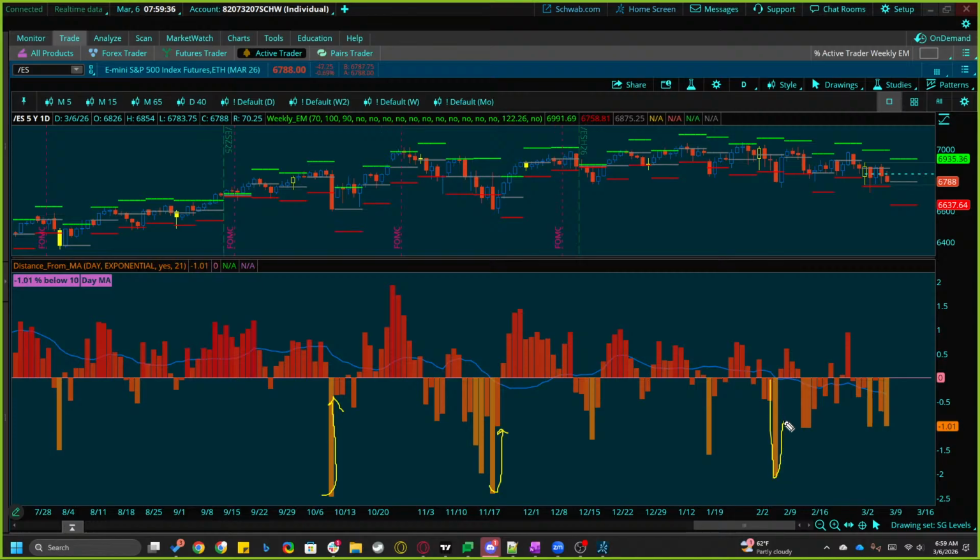So, that mean reversion that we talk about so often, right? It doesn't have to. We can make those big moves to the downside and stay down. But more often than not, if we expand below, say, 1.5 and we get into a -2, we're talking about 2% below the 10-day moving average.